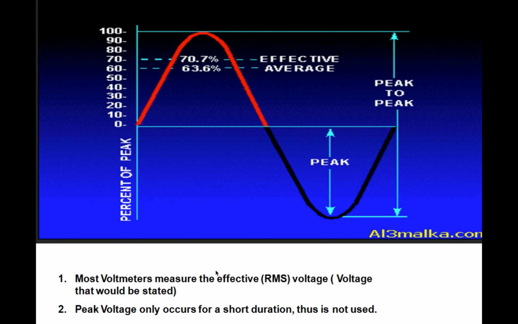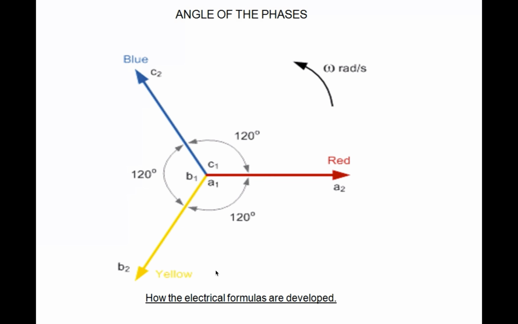And so to determine how much voltage there is in a particular electrical source, there are voltmeters, which measure the voltage within them. So this is how the electrical formulas are developed.